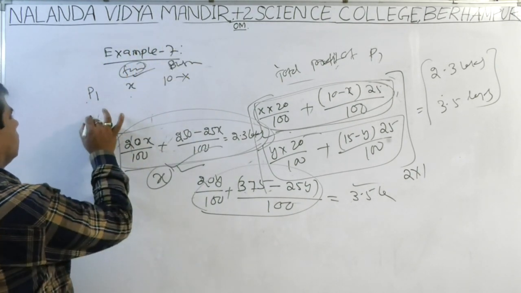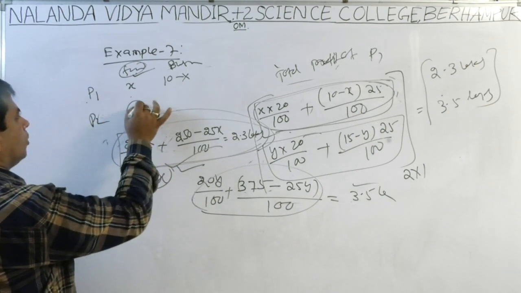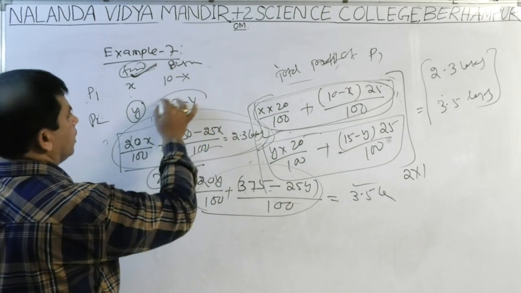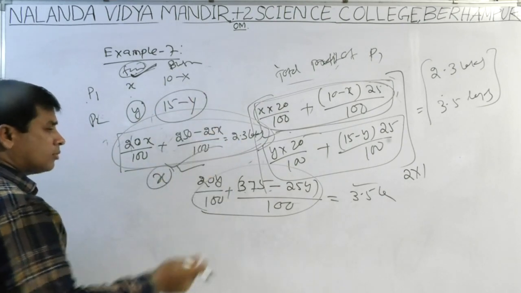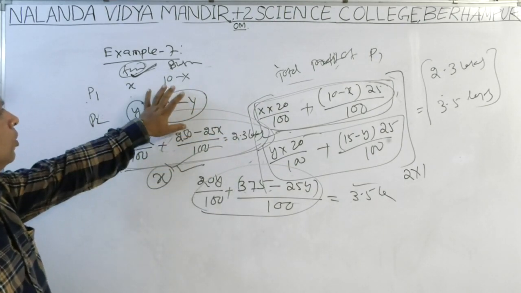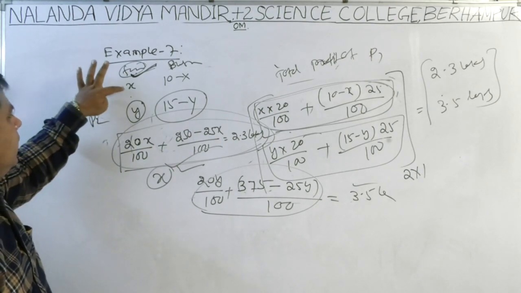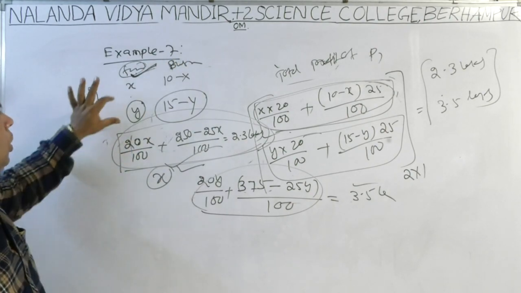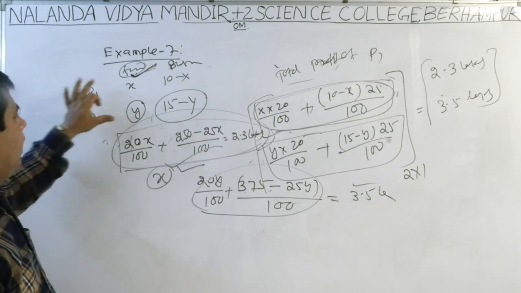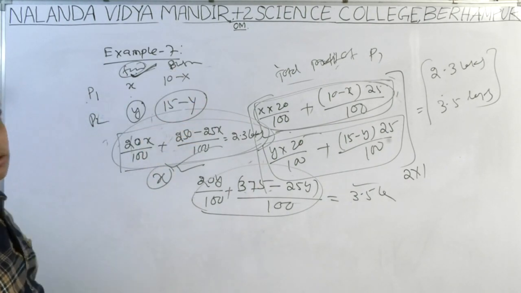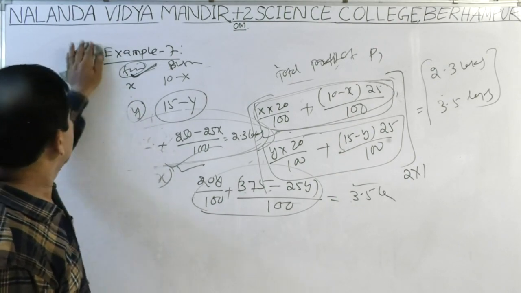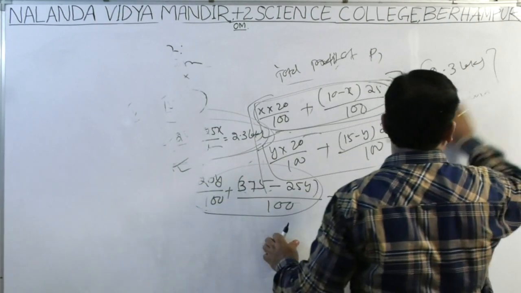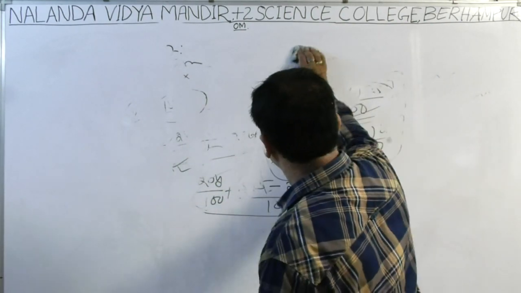Similarly, for P2, we can find the value of Y. P2 invests Y amount in farming and 15 minus Y lakhs in business. Okay, in this way we can calculate. Now we go through the exercise.